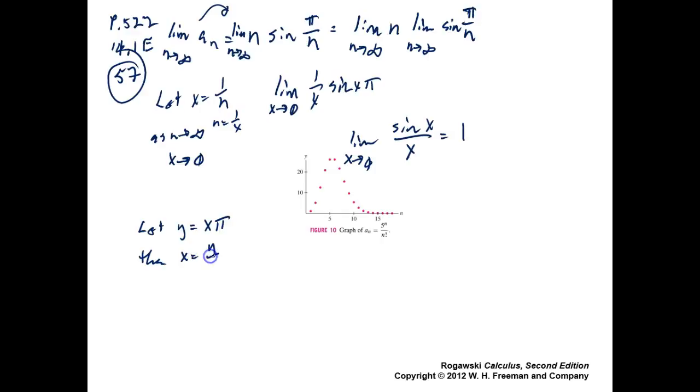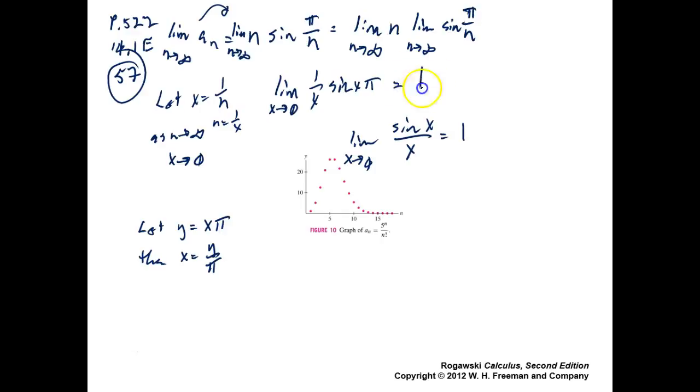X is equal to y over pi. Okay, let's plug that in and see what we get. And of course, as x goes to 0, y is going to 0.